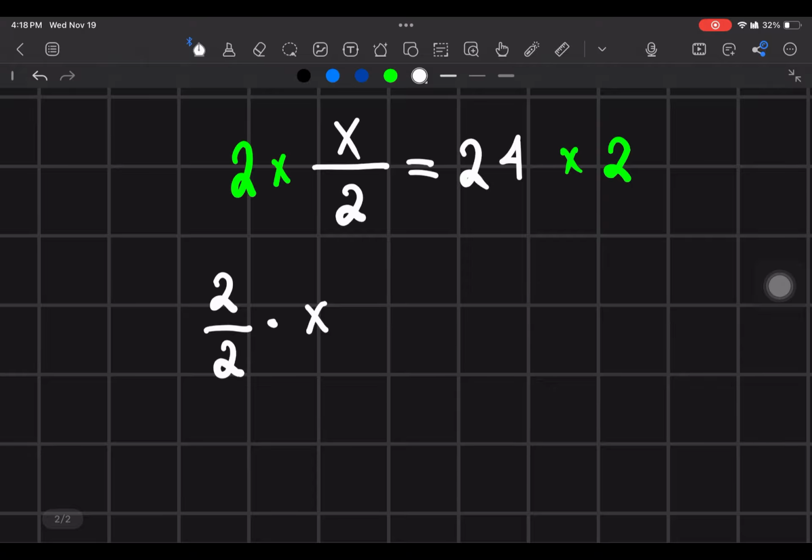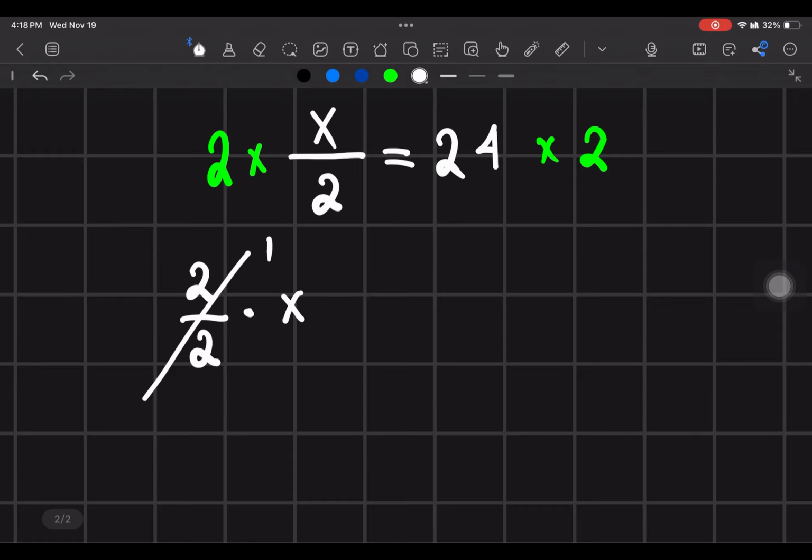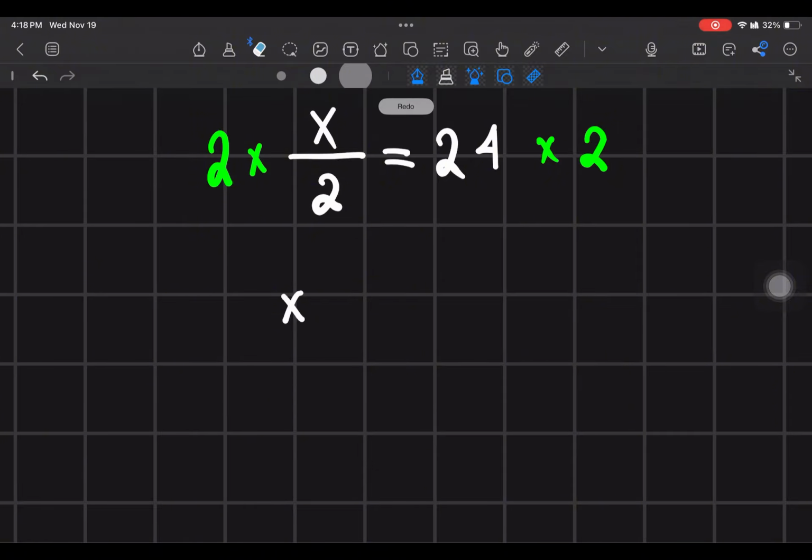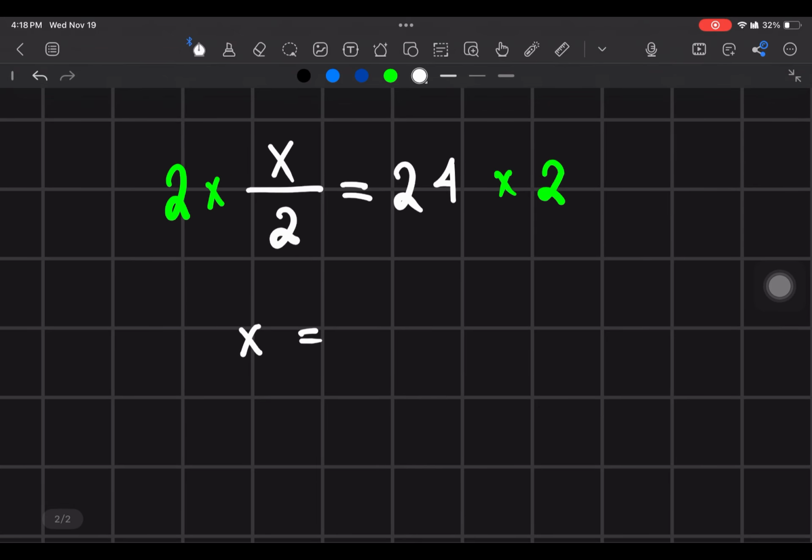If we divide 2 to itself, or any number divided by itself, we simply get 1. So this cancels out, and this is simply 1. So we are left with x. Let me erase that. Sorry. And 24 times 2 is 48. So now we have our value for x.